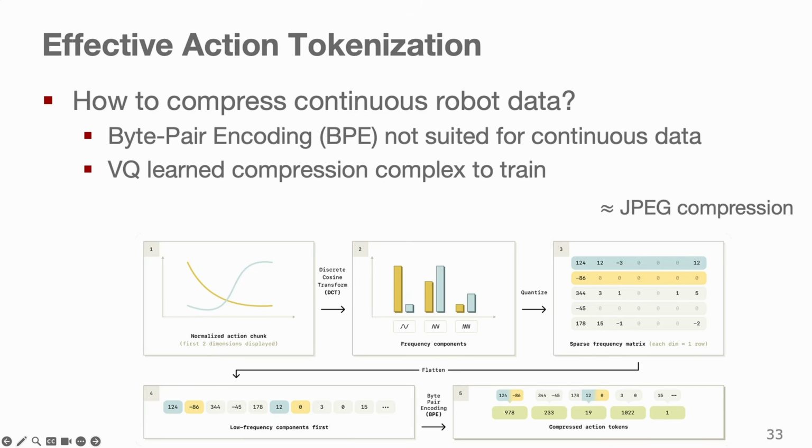You can then scale and round these coefficients, flatten the matrix with the low frequency components first, and then you can run BPE on the resulting integer sequence. And so what BPE will do is it will squash the zeros and merge the frequent coefficient combinations, giving you now a compact sequence of dense tokens that you can plug directly into your existing vocabulary.